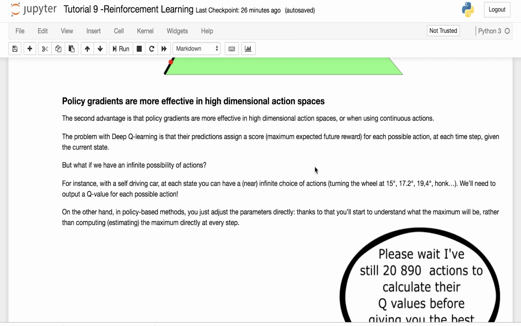This algorithm is more suitable for large scale problems because you are not saving your values and actions in a table. You have no table. You are not saving your rewards for each action. You only optimize your policy.